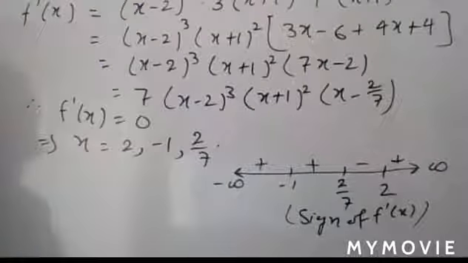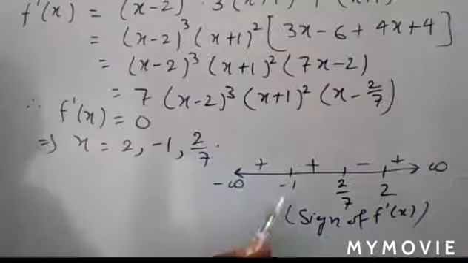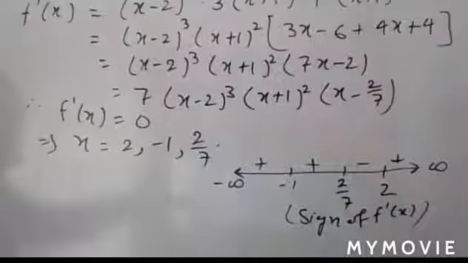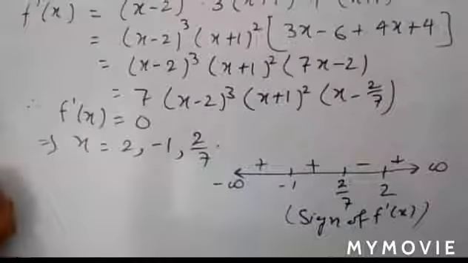So at x = -1 the function has neither a local maximum nor a minimum. This point is known as a point of inflection. So you explain about all these points in the first part.